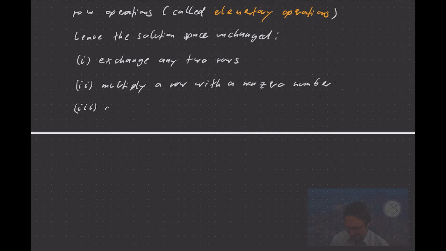So we can add a multiple of a row to some other row.